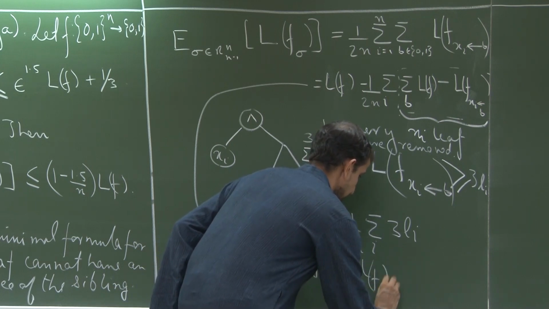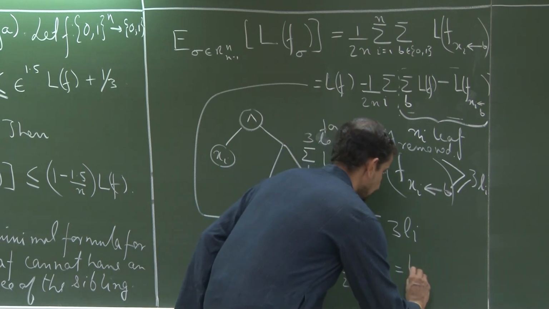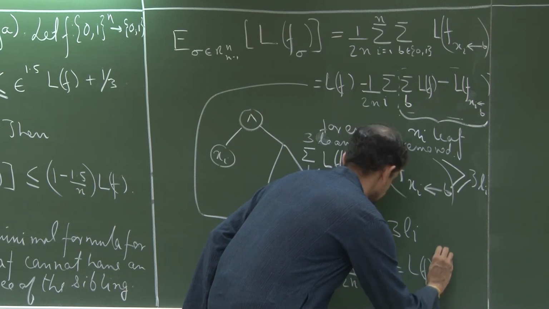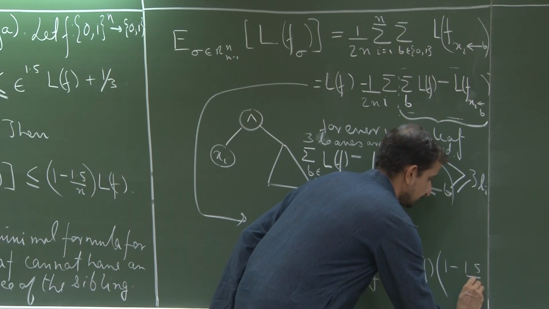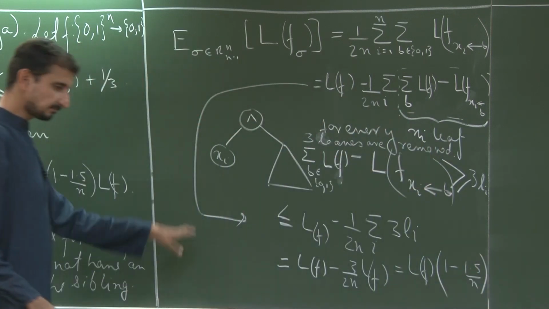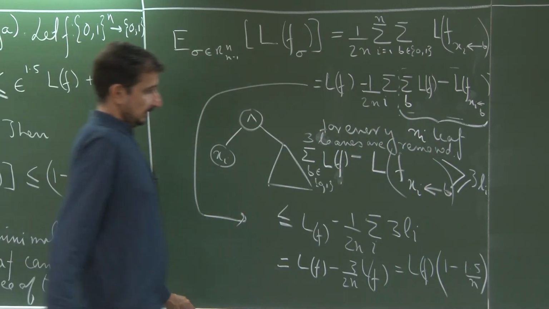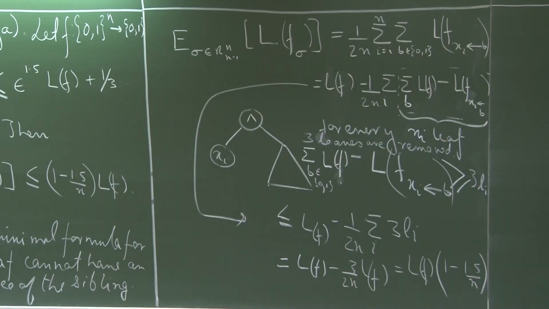So this is equal to L of f times 1 minus 1.5 by n. So once we get this observation, this is easy.